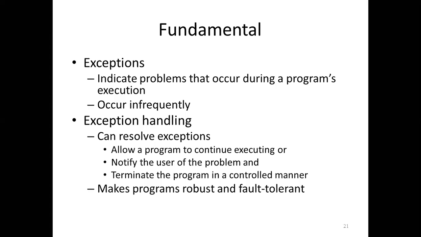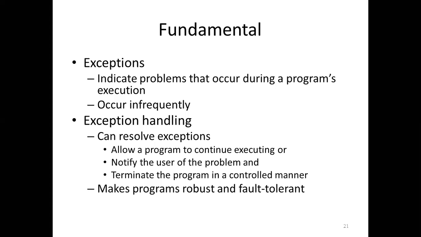So the fundamentals, as we have discussed: it is a problem that may occur during program execution, which happens infrequently, it should not occur regularly for the program. It may occur because of some unexpected input, or some unexpected operations also.